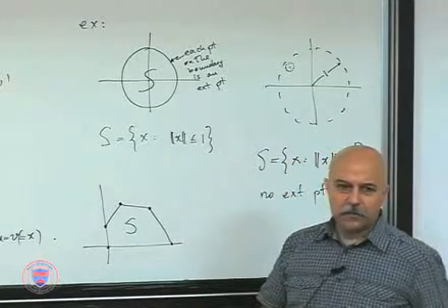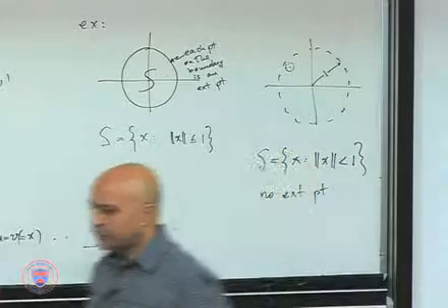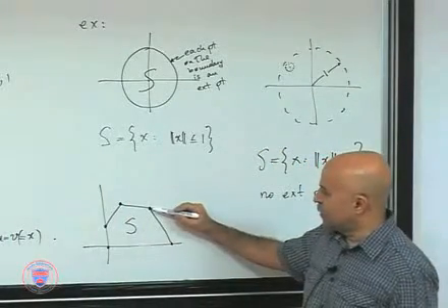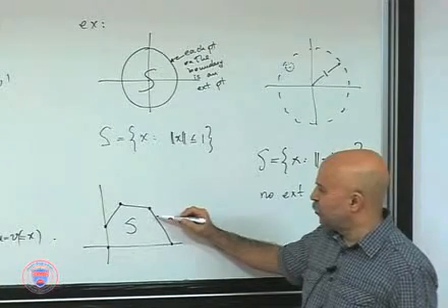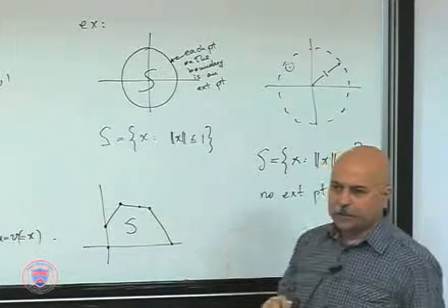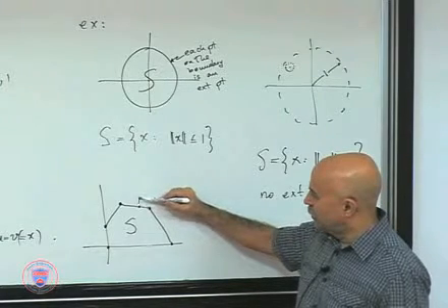And there's no other extreme point. Okay? You can see that I cannot really express this as a strict convex combination of any other 2 points, whereas a point such as this one can surely be expressed as a strict convex combination of some 2 other points.